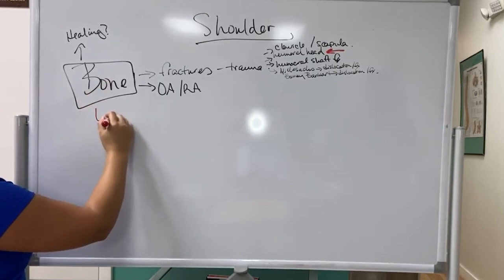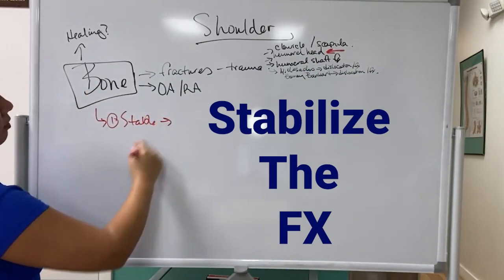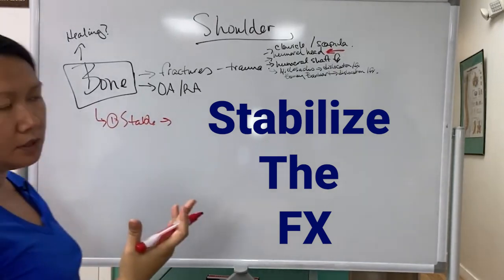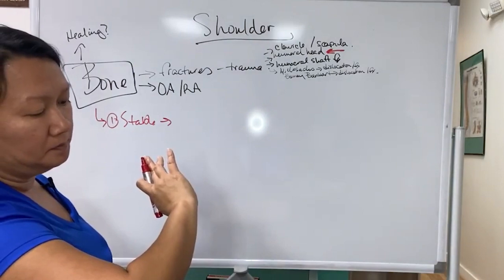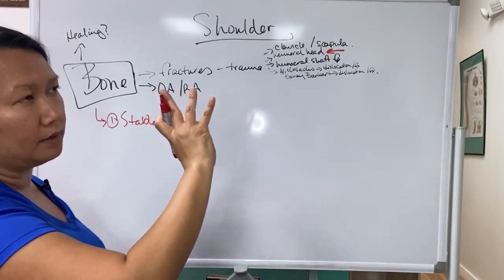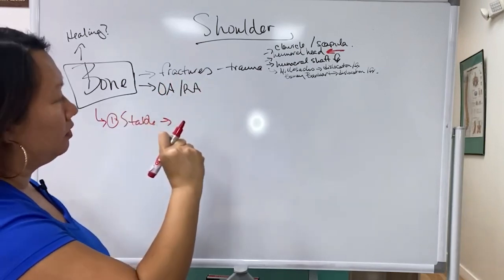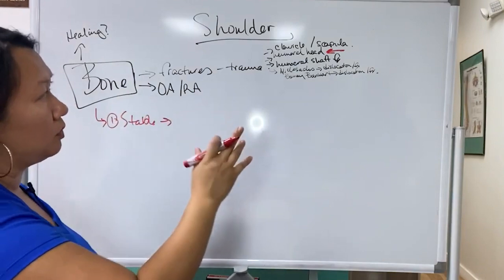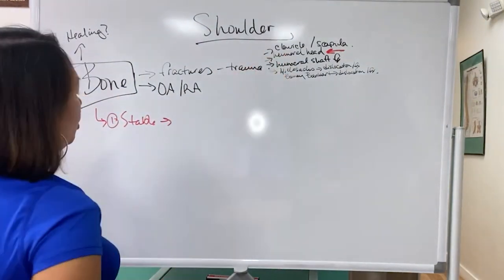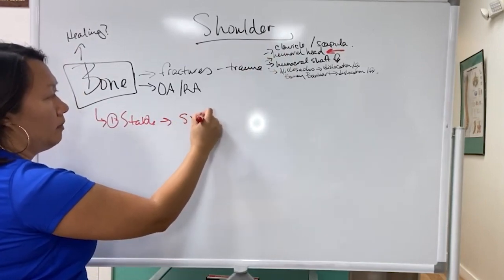So first things first, you have to make it stable. How do you make it stable? Most of the time, it's either immobilization if it's small enough fracture and there's no tendons pulling on that bony part, it's stable, then we can just immobilize for a moment. But if it's unstable, there's multiple pieces, just like in a fall with a humeral head, you're gonna have surgery to stabilize it, right?